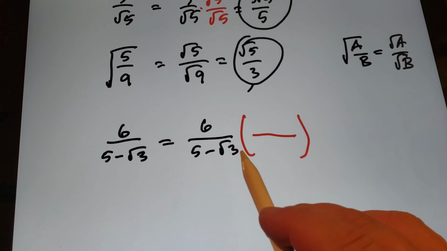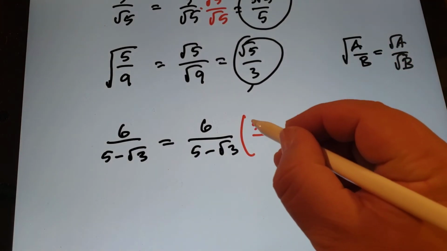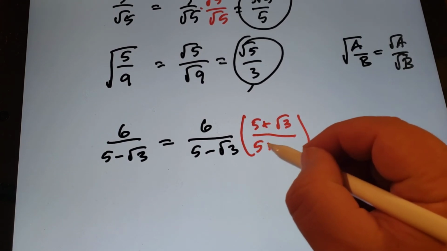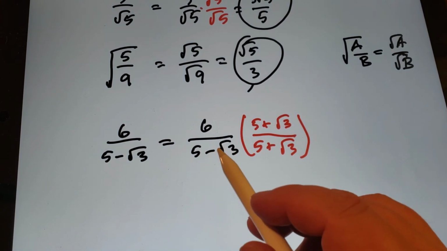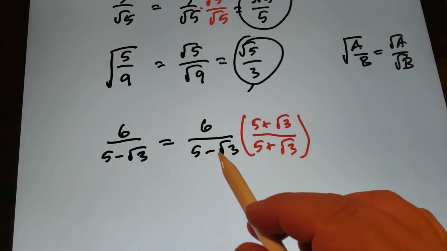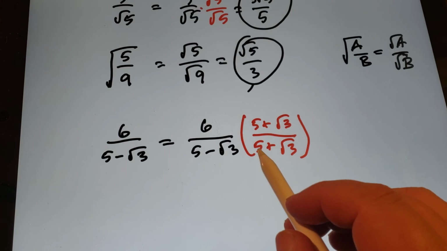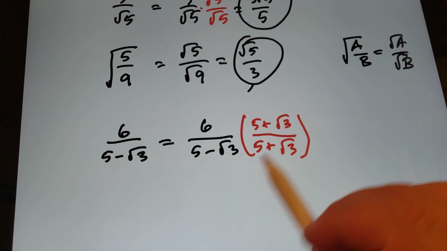And what is that? Well, it has a name, called the conjugate. The conjugate of something like A minus B is A plus B. So 5 minus rad 3, the conjugate is 5 plus rad 3.